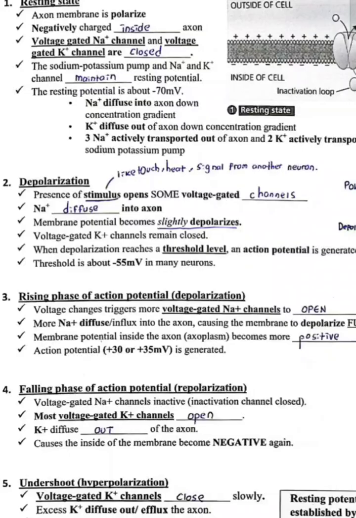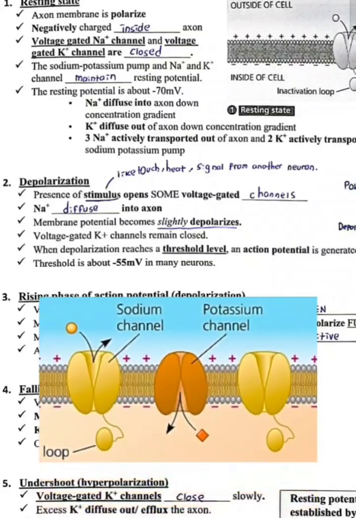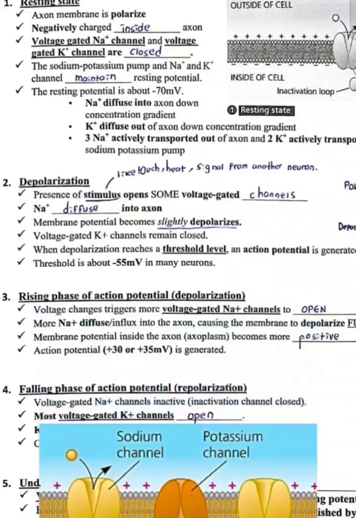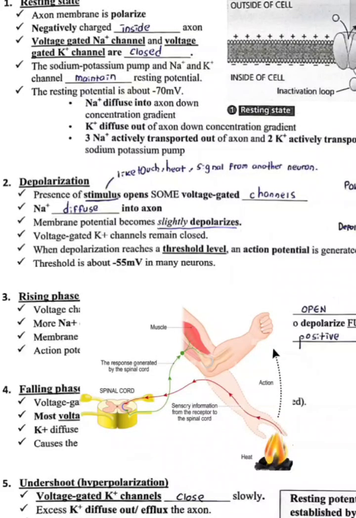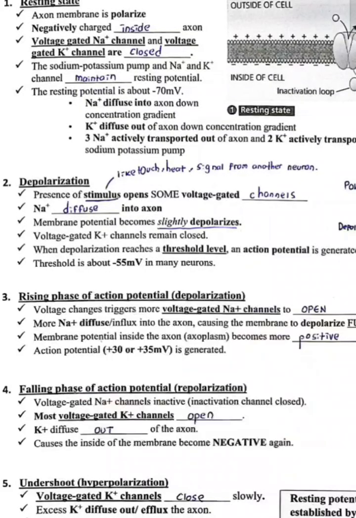Alright, so depolarization. It happens when the presence of a stimulus opens some voltage-gated channels. Basically, a stimulus is like touch, heat, and signal from another neuron.